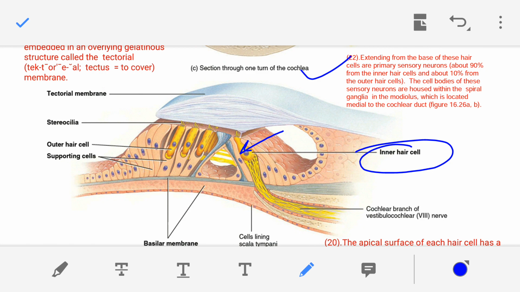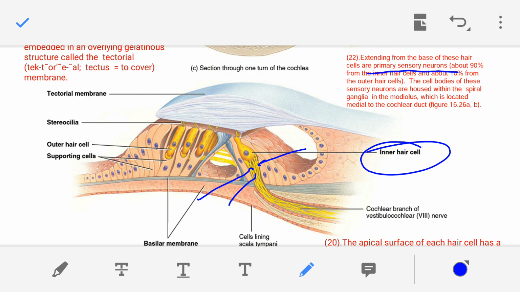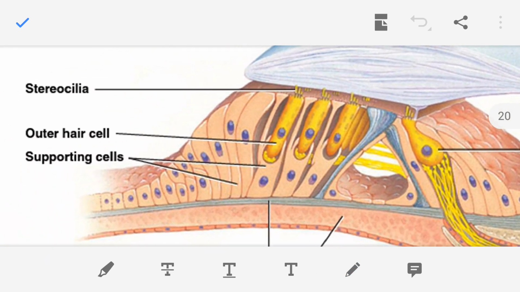Okay, and with the hair cell is attached, and the cell which is attached to this inner hair cell is known as primary sensory neuron. So these yellow colored cells are actually primary sensory neurons, and they make synapse with the hair cell.